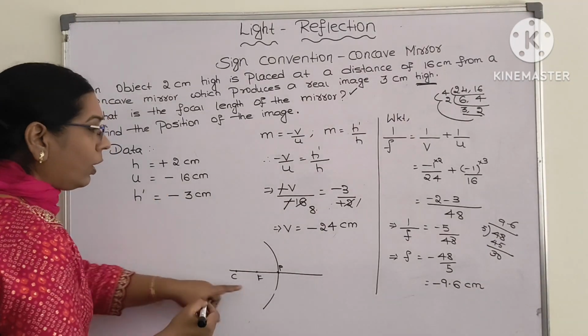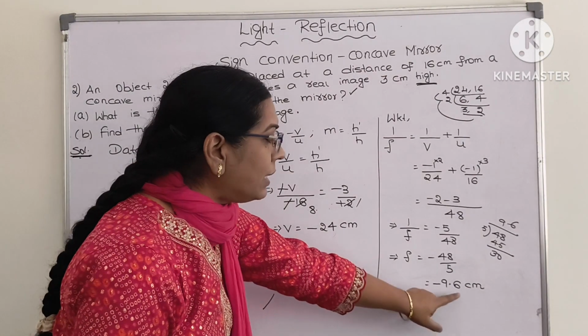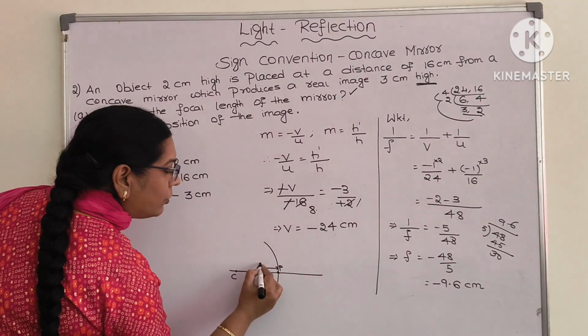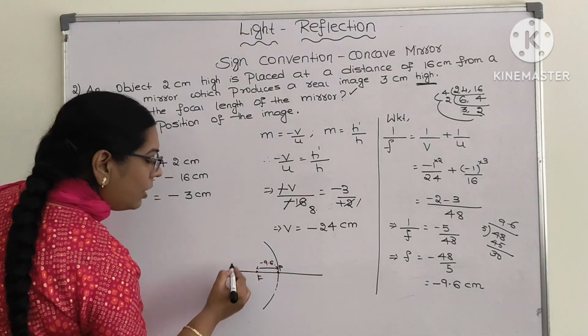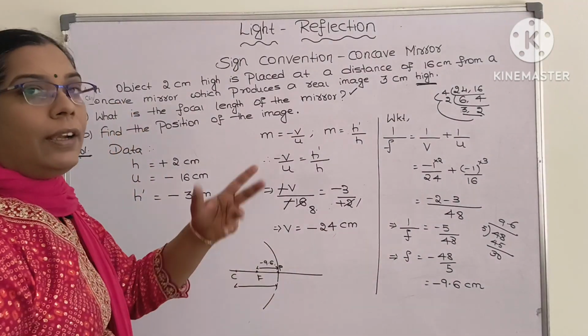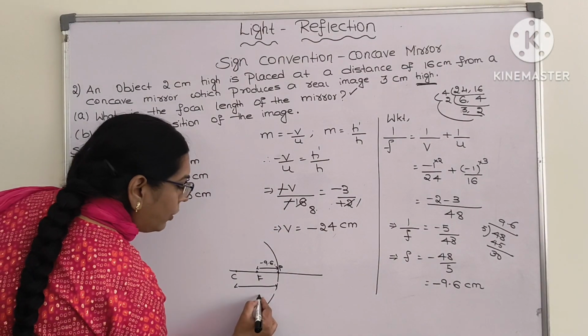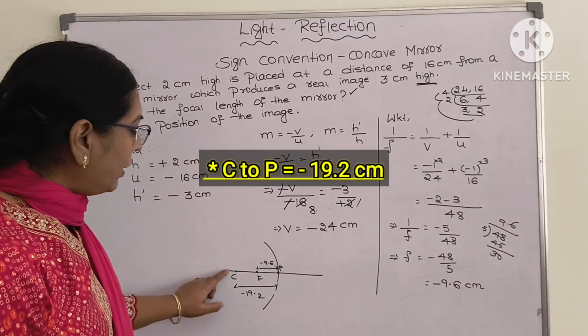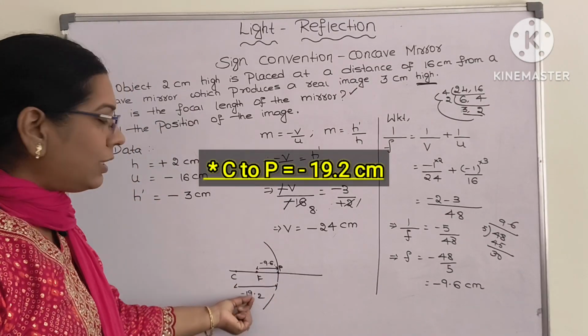Focal length is minus 9.6. So from here to here, this will be minus 9.6. So what is the distance from center of curvature to the pole? Double it. So it will be minus 19.2.